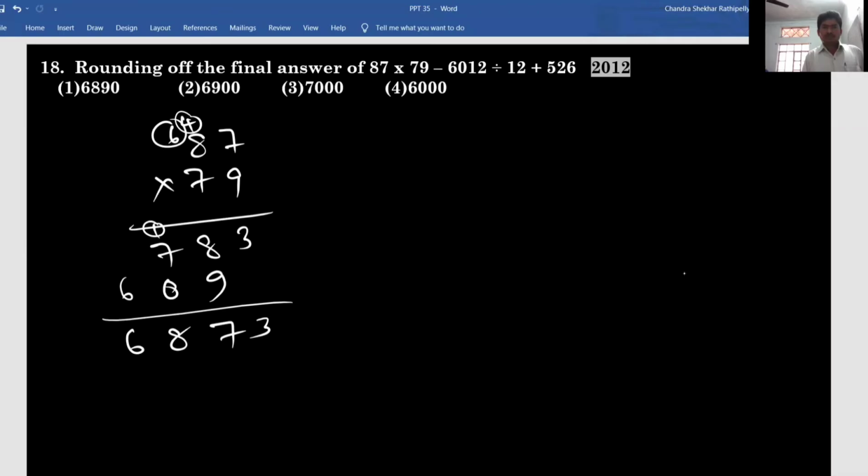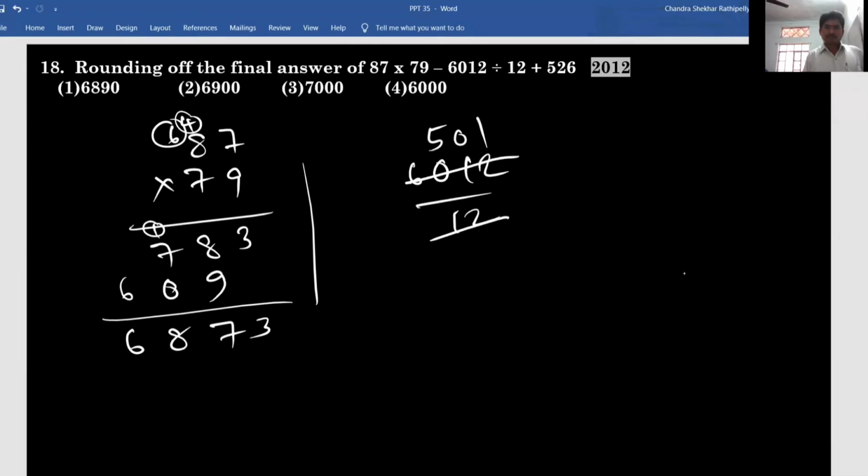Minus 6,012 by 12. So 12 5s are 60. 12 zeros are 0, 12 ones are 12, so 501. So this is 501. Now 526 minus 501 is 25.